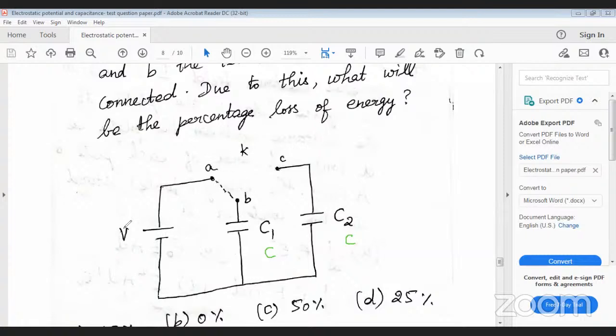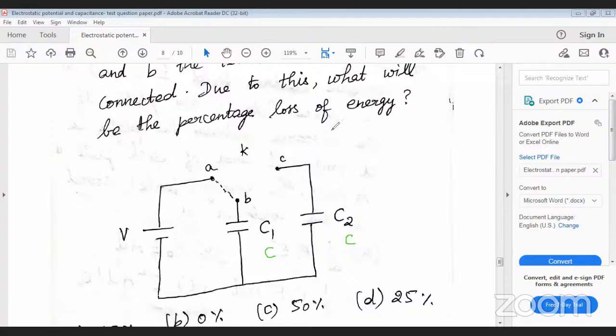Initially, using the battery of EMF V volt, this capacitor C1 is charged. What is the stored potential energy right now? Let me solve that question here itself.